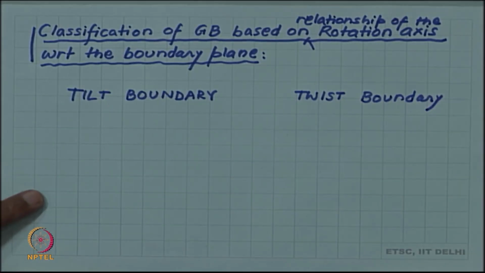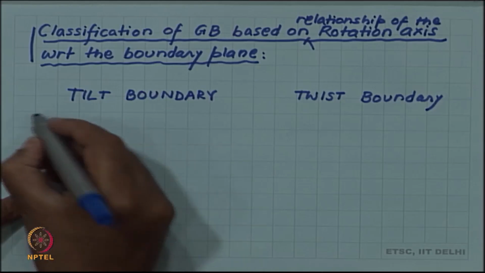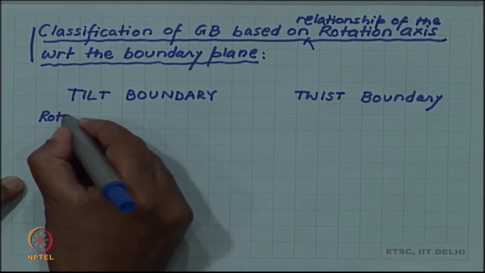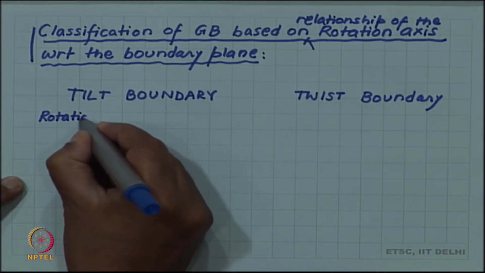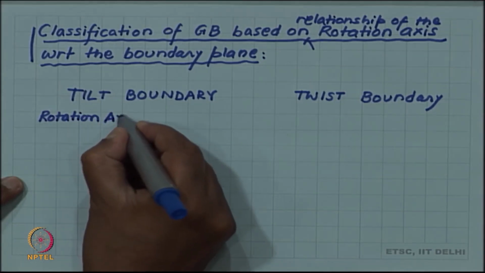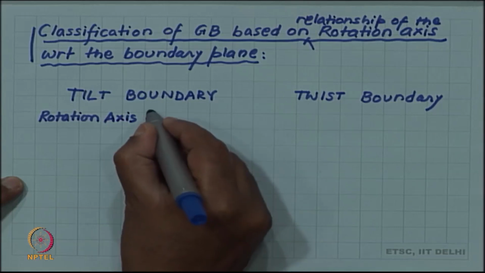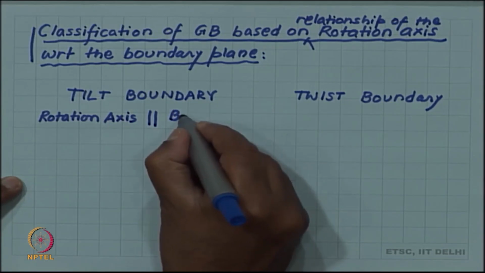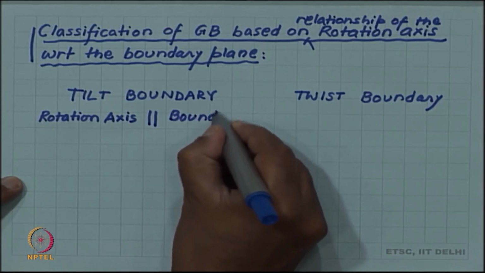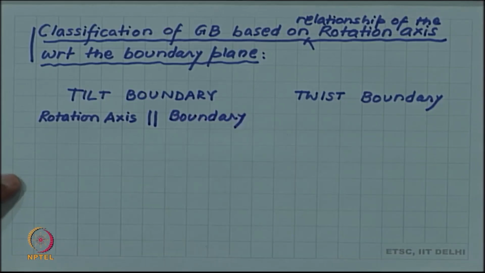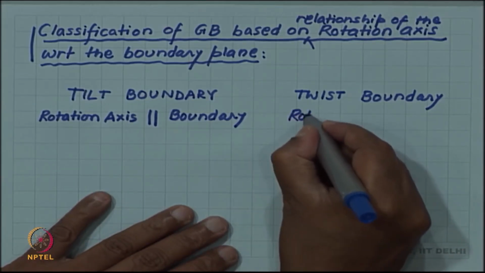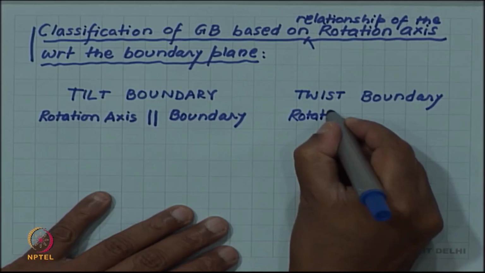In tilt boundary, the rotation axis will be parallel to the boundary plane. In twist, the rotation axis will be perpendicular to the boundary plane.